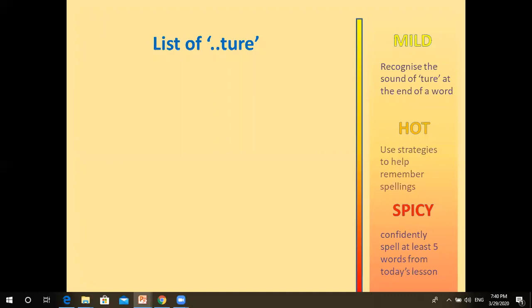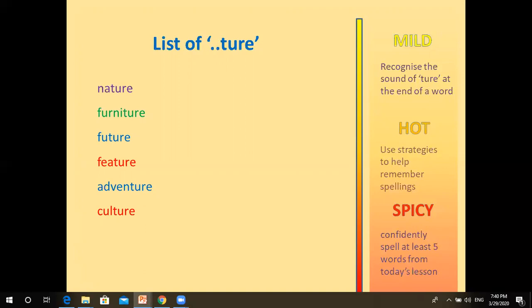Here we have a list of words with T-U-R-E. Let's read them. Try to write them one more time in your copybook to know how to write and how to read each word.